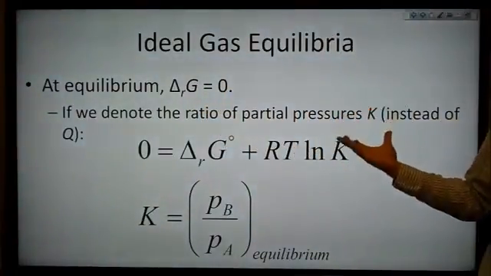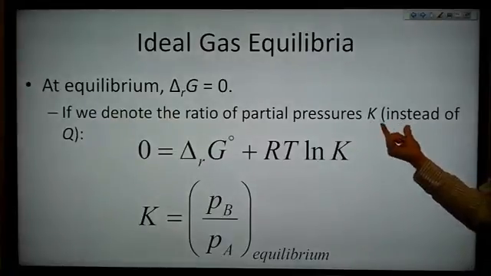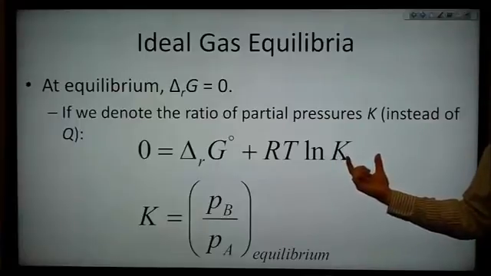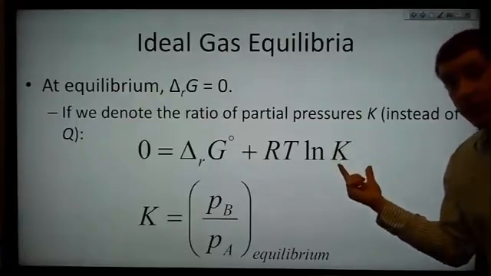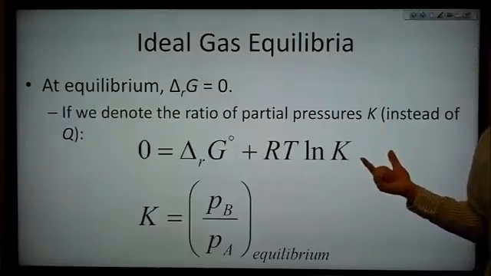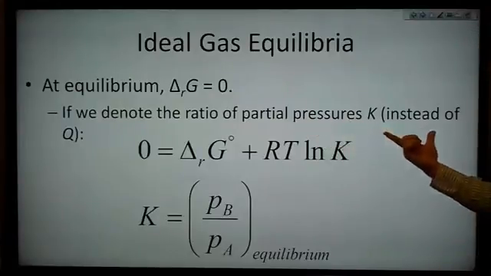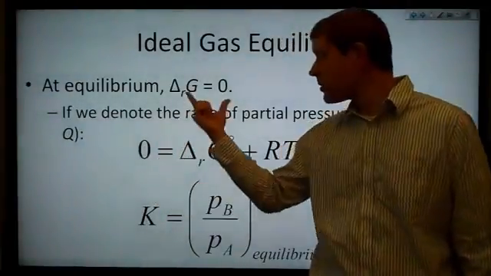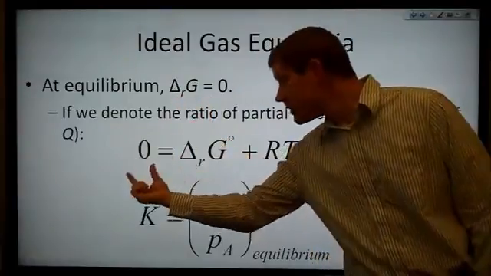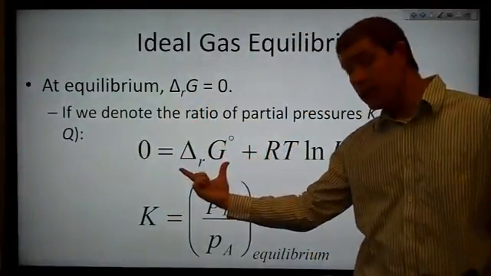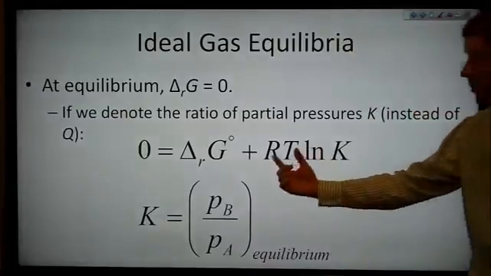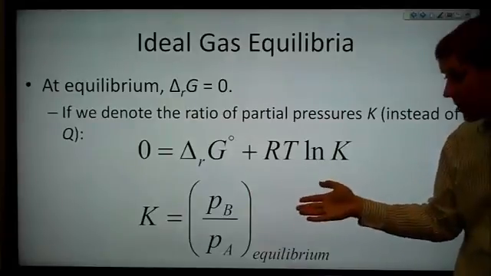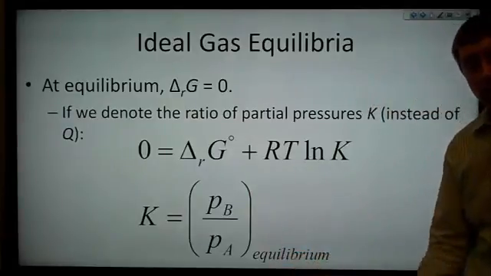If we denote our ratio of partial pressures K, because at equilibrium our reaction quotient Q becomes the constant K, then we can say that 0, because we know that the Gibbs energy of reaction is 0, is equal to the standard Gibbs energy of reaction plus R T times the natural log of K. Again, here K has the same form as Q, except that we're constraining it to be at equilibrium.